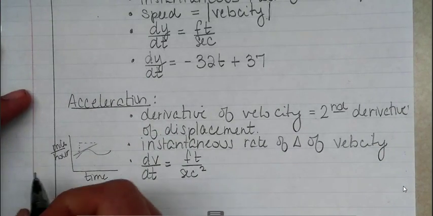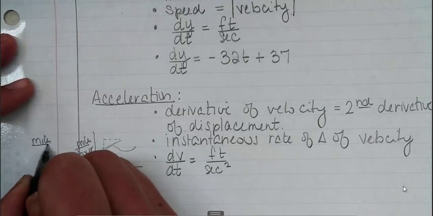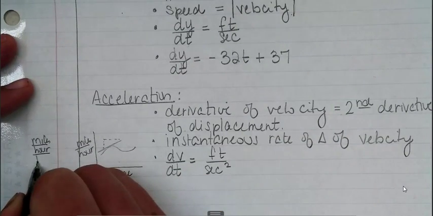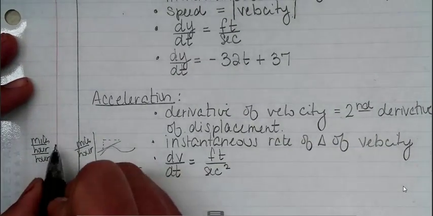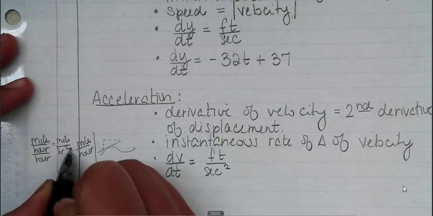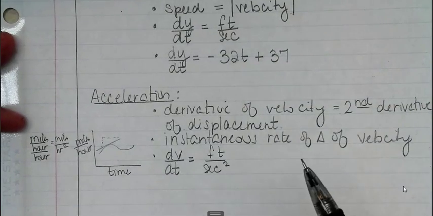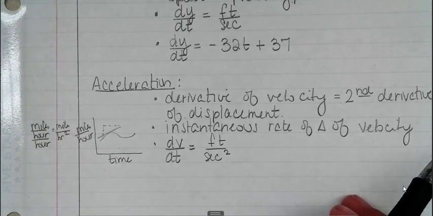So if I have miles per hour over time, isn't this going to give me miles per hour squared? In this case, it's feet per second squared. Just different units being used.